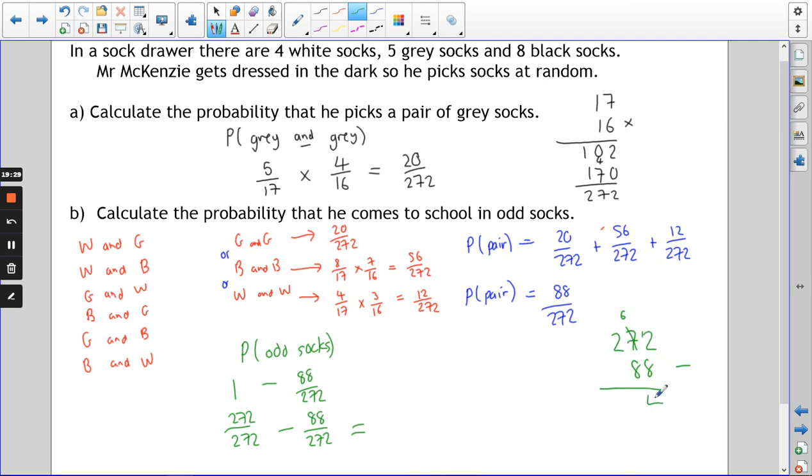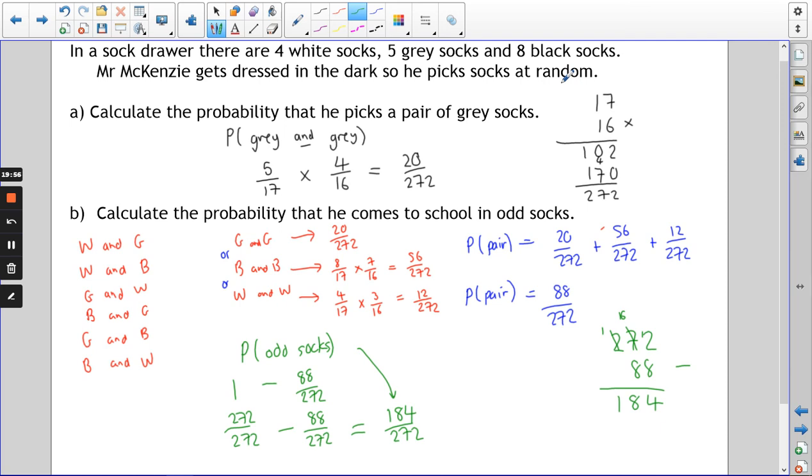So 12 take away 8 is 4, we have to borrow again from there. 16 take away 8 is 8. That leaves us with 184 over 272. That's the probability that he comes to school in odd socks. Because if he's not in a pair of socks, he must be in odd socks. They are complete opposites to each other, and that's when you can use the take it away from 1 rule.